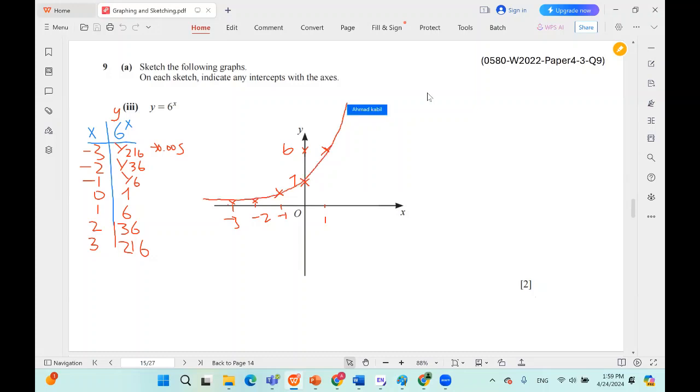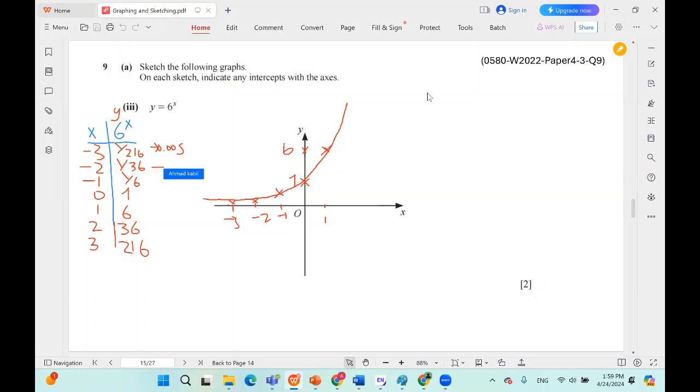And it plateaus above the x-axis. So we say that the x-axis is a horizontal asymptote to this graph. So the curve keeps decreasing, but never actually touching the x-axis. As I told you, 1 divided by 36 is 0.027.